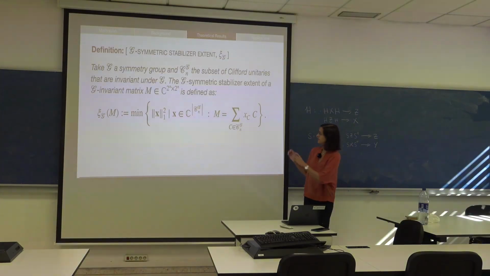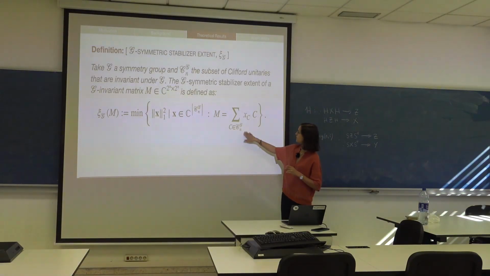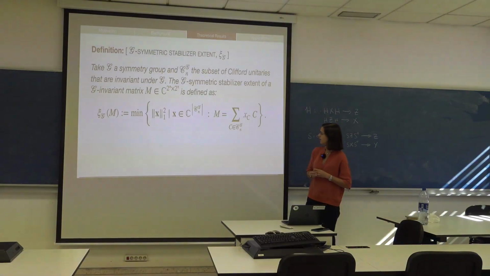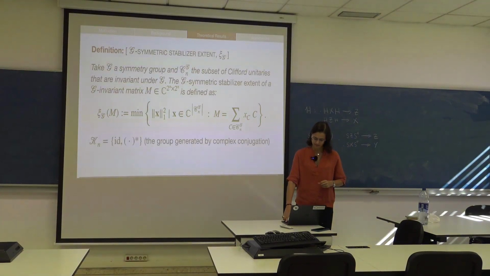So it's the same definition as before, but now we have a matrix that has some symmetry G, and we are minimizing only over the subset of Cliffords that are invariant under that symmetry. This is our definition for the G-symmetric stabilizer extent.